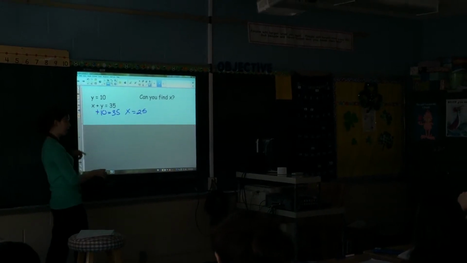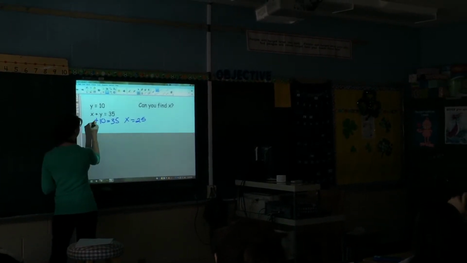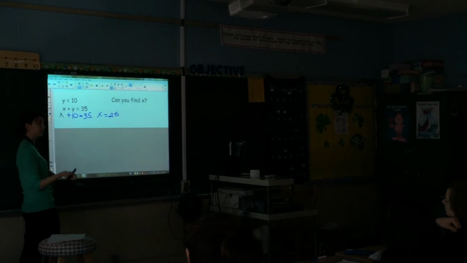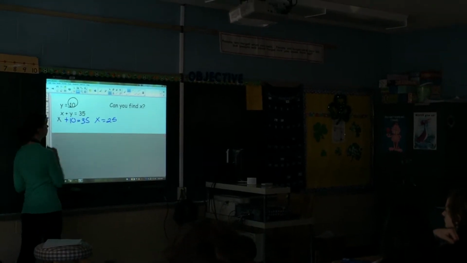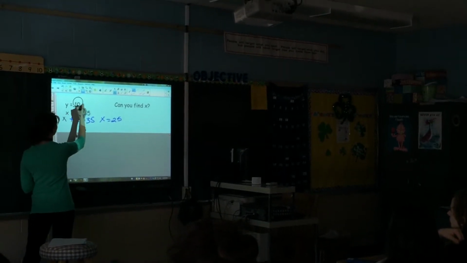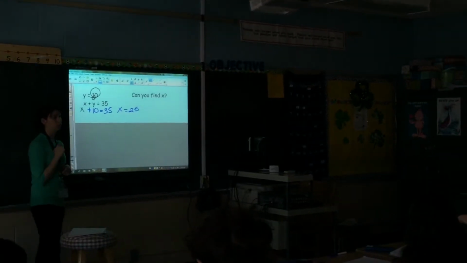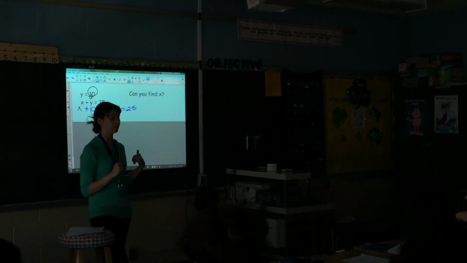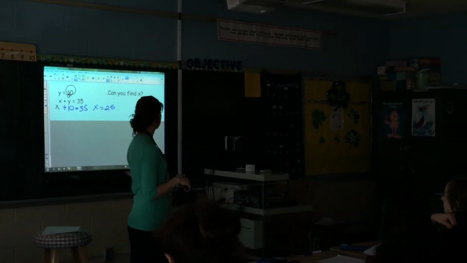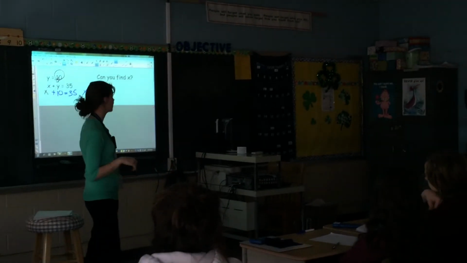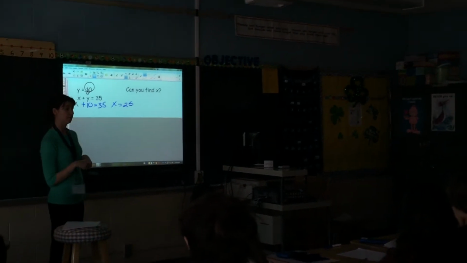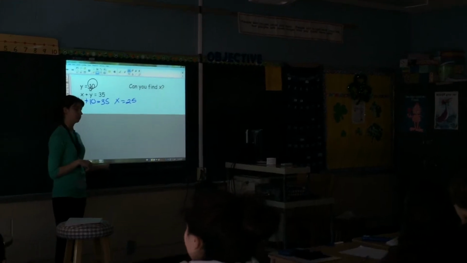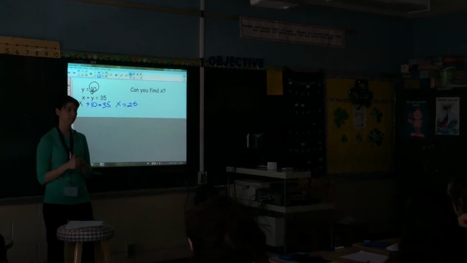We were told what y is. So basically what he did was take what y is equal to and substitute that in for the y in the second equation. So you get x plus 10 equals 35. You all see how that happened?